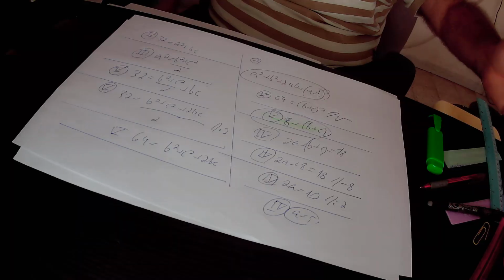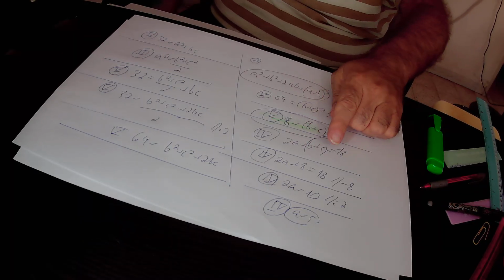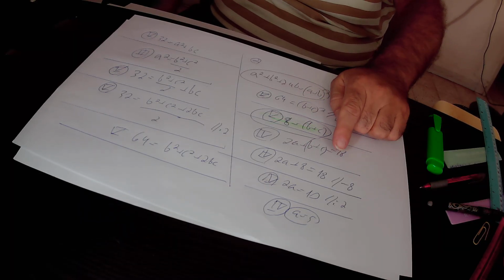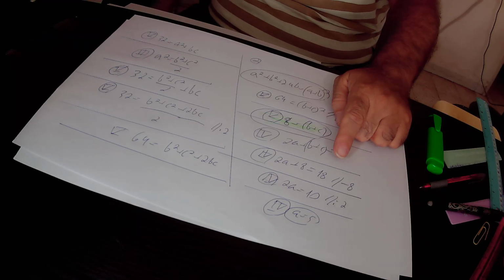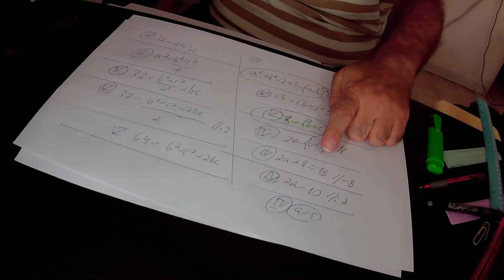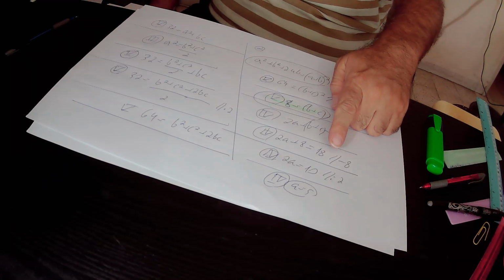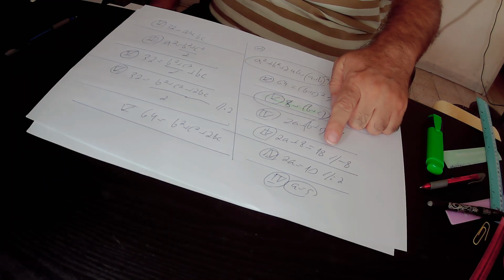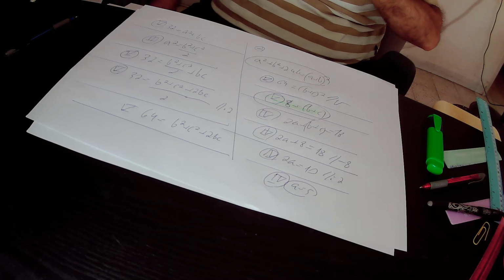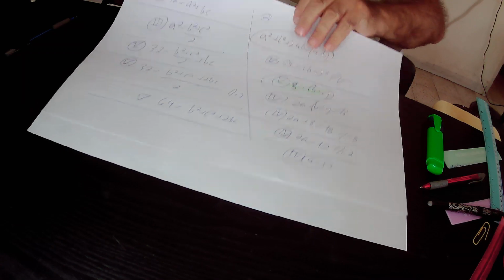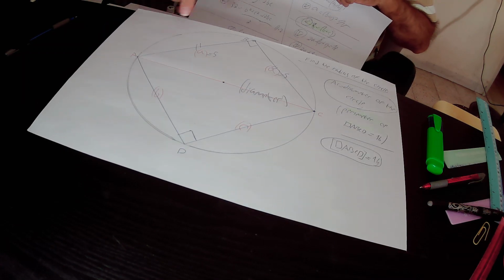So in total, 2A plus 8 equals 18. Here we subtracted 8 from this equation, and finally found that 2A equals 18 minus 8, which is 10. So in total, 2A equals 10. Here we divided the equation by 2, and finally found that A equals 10 over 2, that is 5.